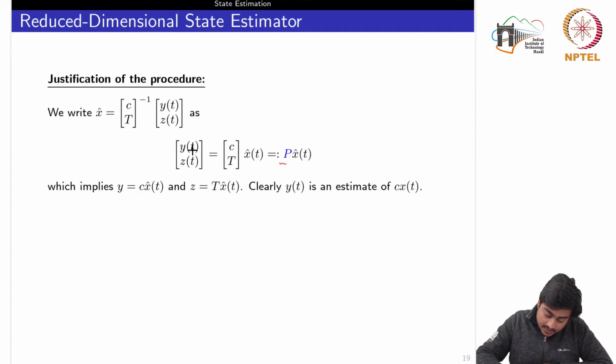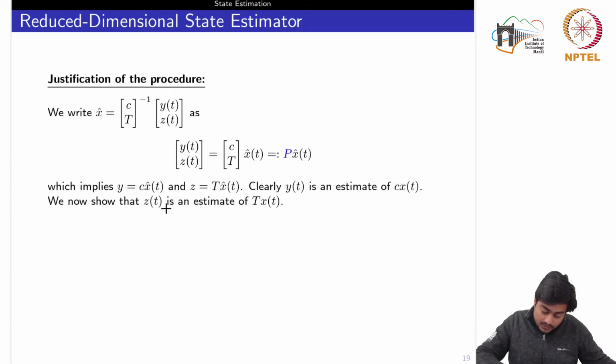If we see the first element and the second element separately, y is equal to C x hat and z is equal to T x hat. Now we can see clearly that y(t) is an estimate of Cx. So we need to show that z(t) is actually an estimate of Tx. Then in that case we could say x becomes equal to x hat.